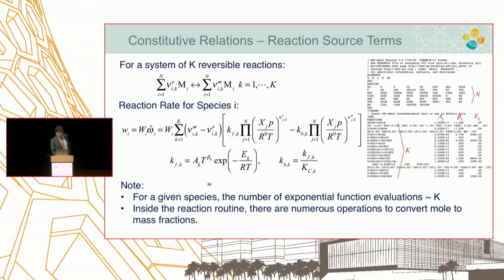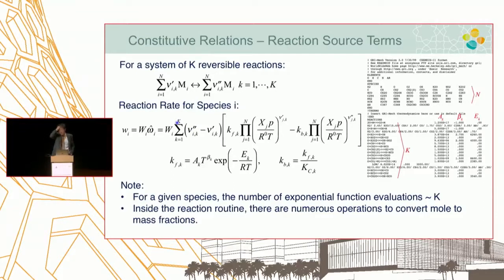From a computational aspect, one thing to keep in mind is, for the given species, this Wi is a reaction source term appearing in every species equation. And this is a summation over K. So roughly, the actual operation count increases with the number of reaction steps.